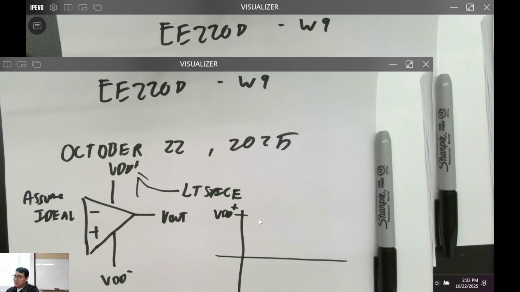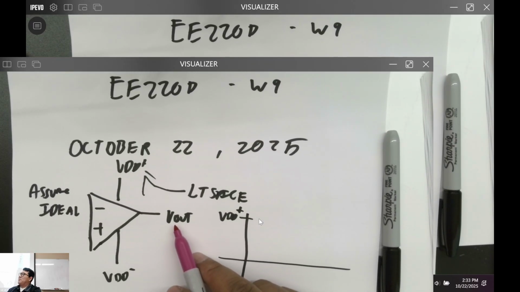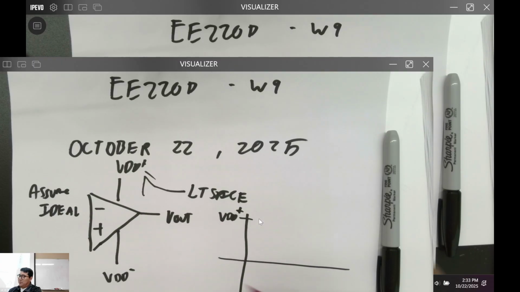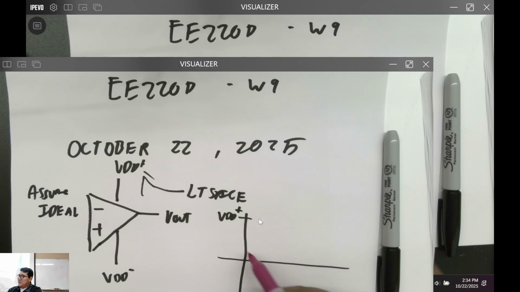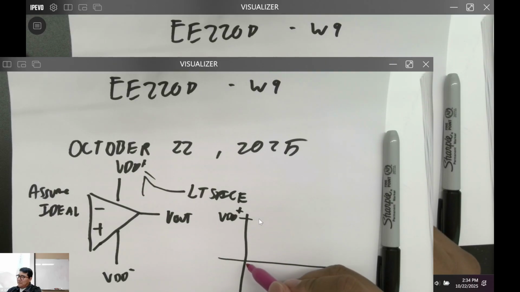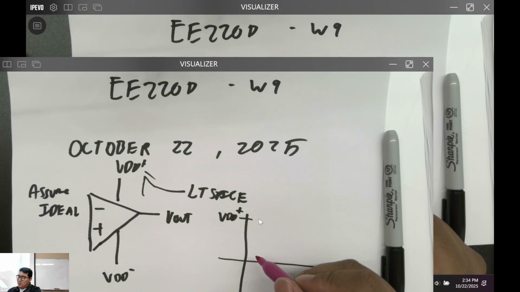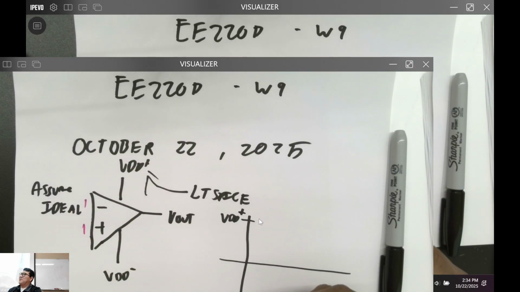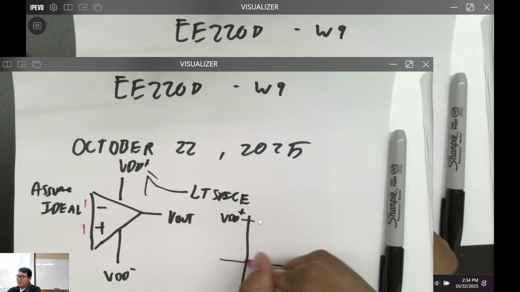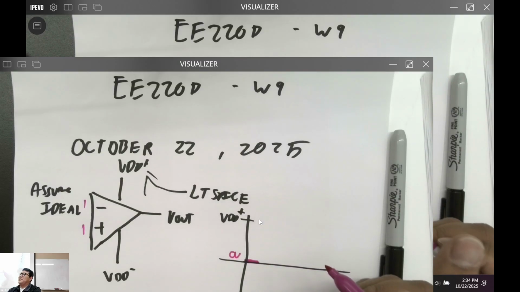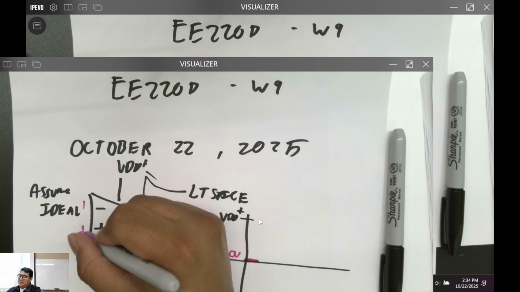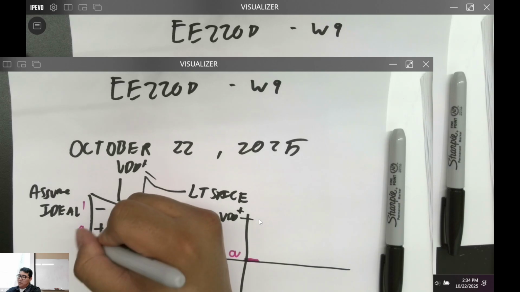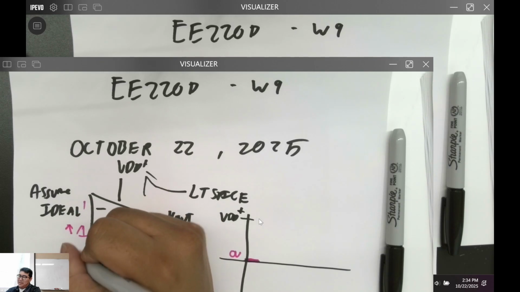So if I were to have this op amp and I wanted to put this voltage on this graph, correct? Let's just say we got 1 volt here and 1 volt there, what's the difference? 0, right? So then we're going to be somewhere over here, 0 volts. But then let's say I move this 1 volt up to 2 volts.